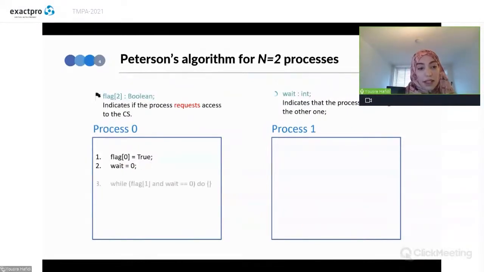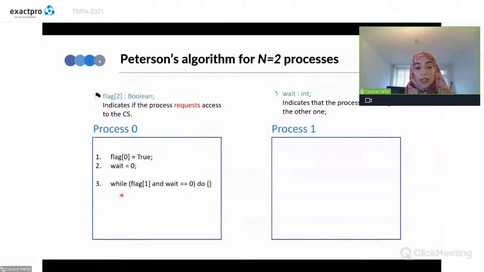And then it enters a waiting loop, in which, as you see here, there is a while loop and there are two conditions. Either the flag of the other process should be true, and also the wait variable should be assigned to the current process.